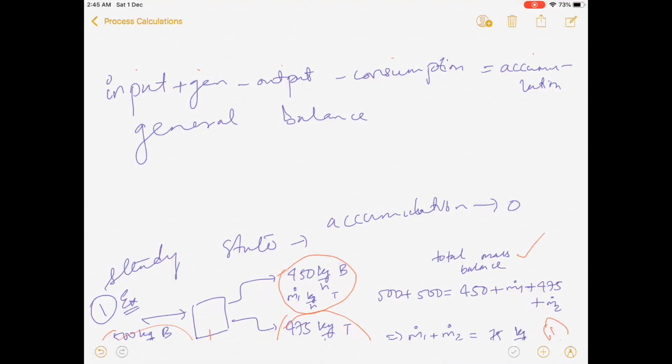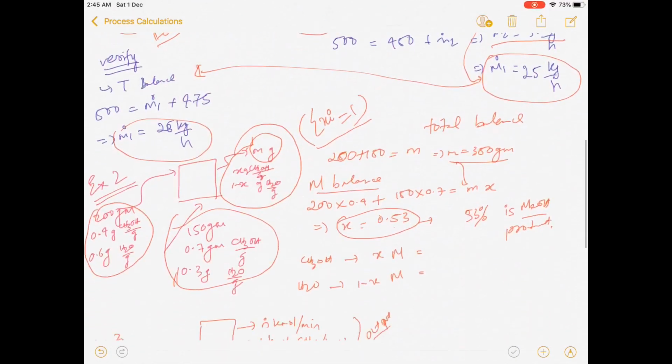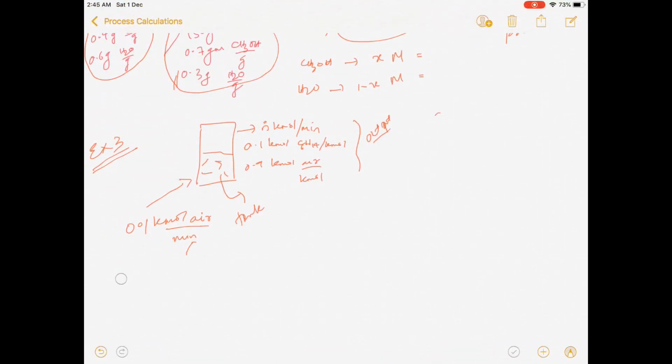Input plus generation minus output minus consumption equals accumulation. So we'll be applying it for air. For air it would be input equals output.